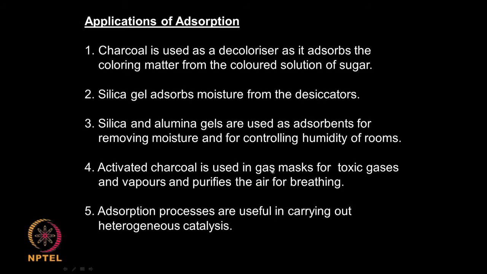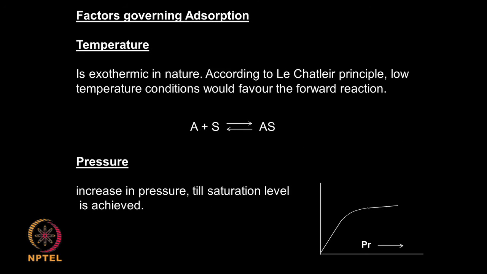Activated charcoal is used in gas masks for removing toxic gases, sometimes even methane, so that it purifies the air. It can also be used for carrying out some heterogeneous reactions. If I am using oxidation or hydrogenation reactions using nickel, or a catalyst like platinum for hydrogenation and so on, there you will come across adsorption.